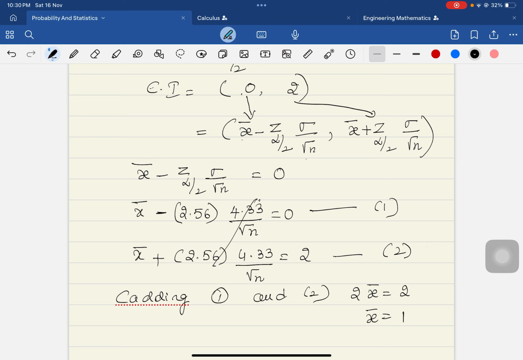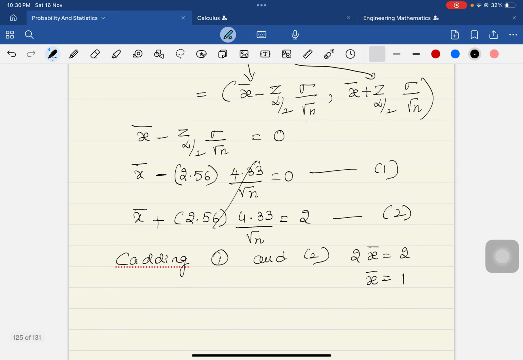And then we need to find root n, right? When x bar is 1, anything you can apply, the first or second equation. So let us apply the first equation. X bar is equal to 1, which is equal to 2.56 times 4.33 over root n.